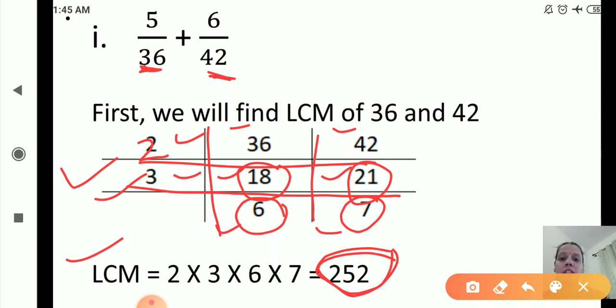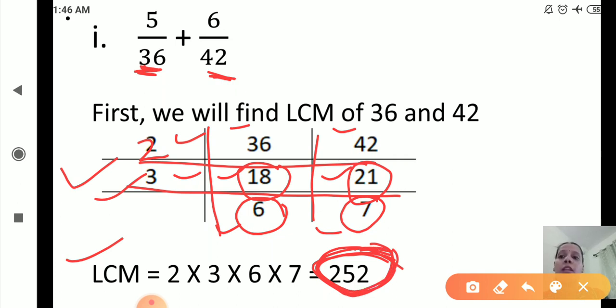So what is the next step now? As we got the LCM 252, you will make the table for 36. Okay, 36 multiply by 1, 36 multiply by 2, 36 multiply by 3, 36 multiply by 4, 36 multiply by 5, 36 multiply by 6, 36 multiply by 7, till you get 252, right?